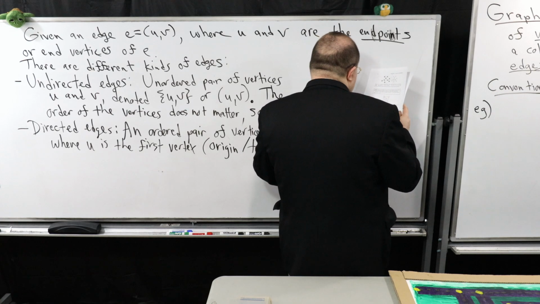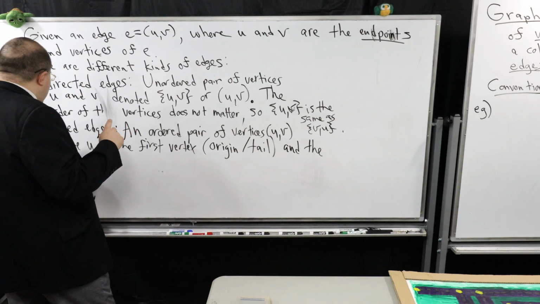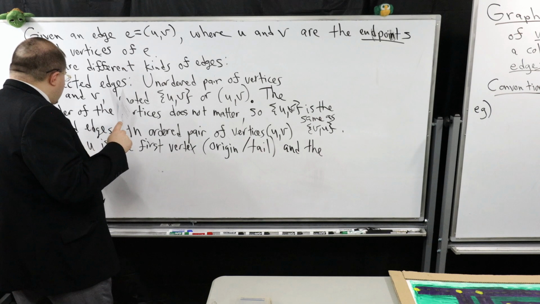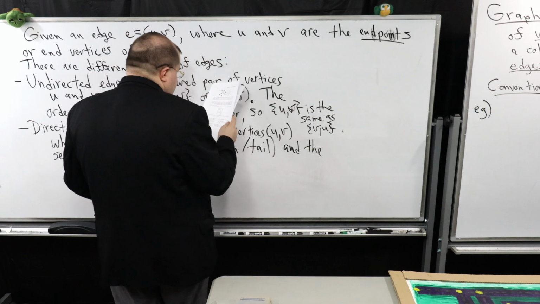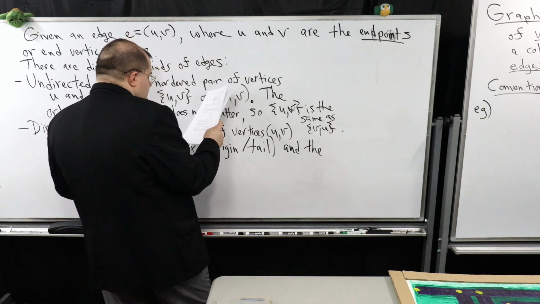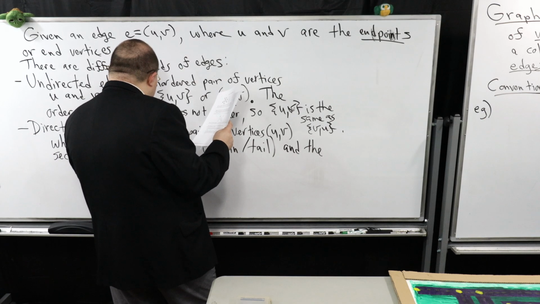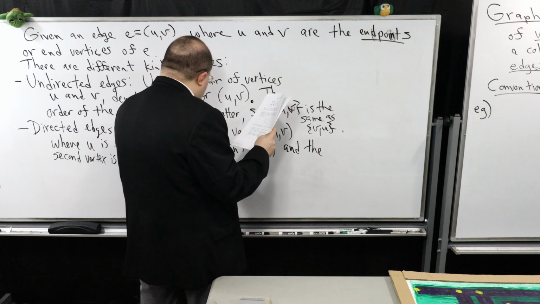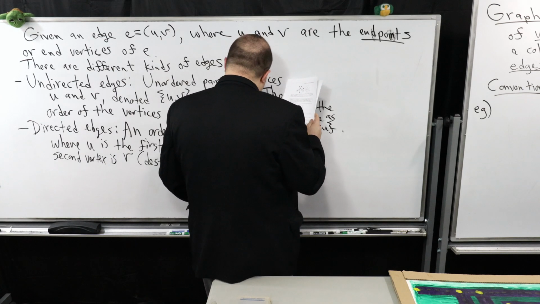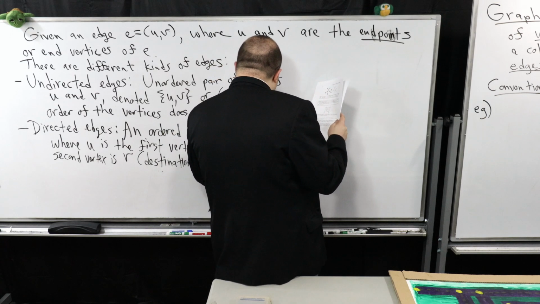And the second vertex is V, which is sometimes called the destination or head. And this is sometimes called an arc.